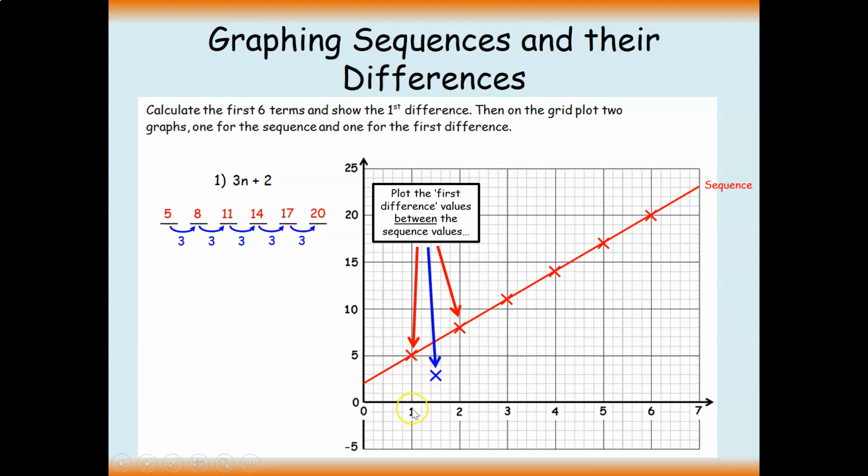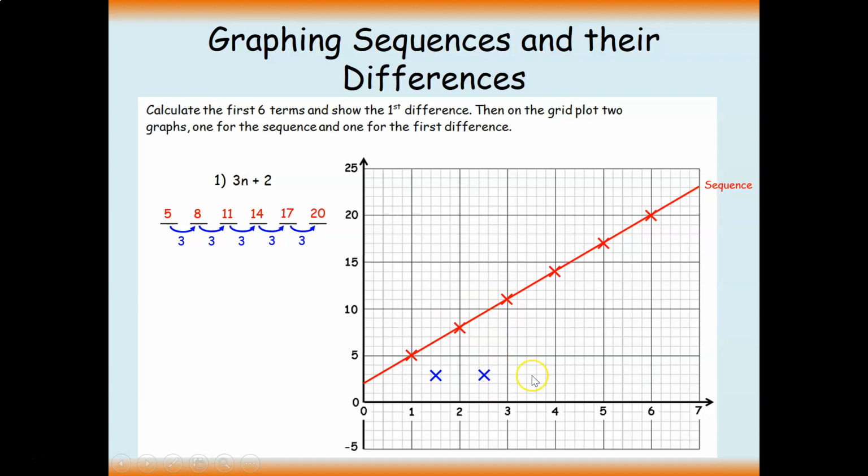And the middle of 1 and 2 is 1.5. This one, 11 minus 8 is 3. And the middle is 2.5. Here also 3.5, 4.5, and 5.5. So there you have the graph for the first difference.